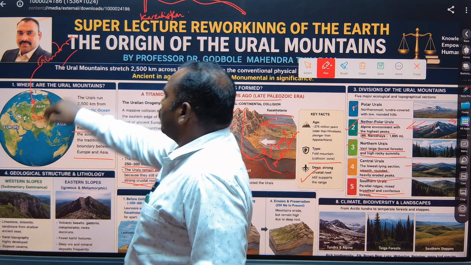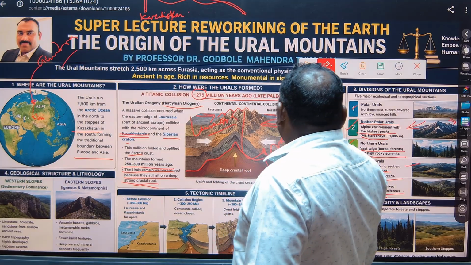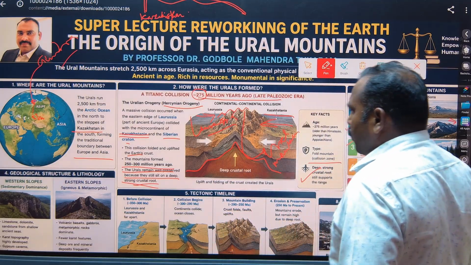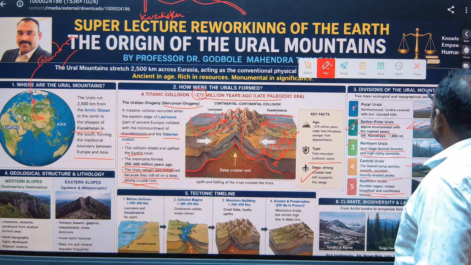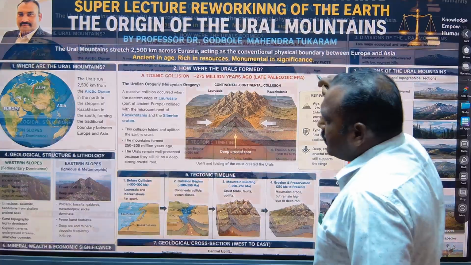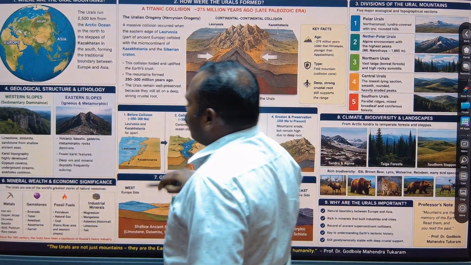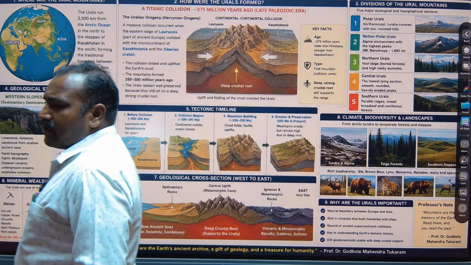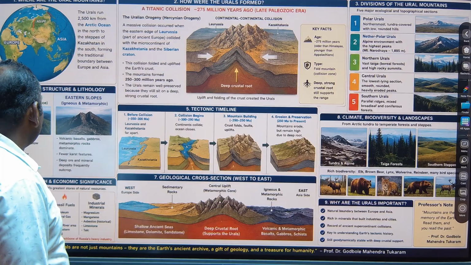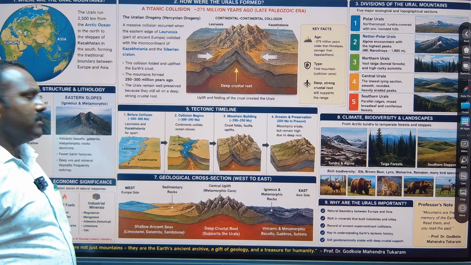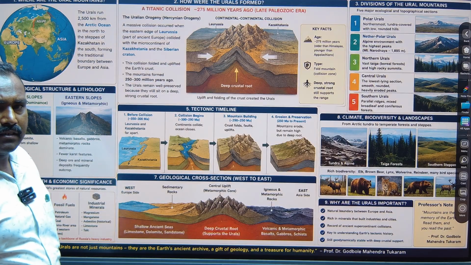While talking about the geological structure and lithology, we find the western slope and the eastern slope. The western slope is known for limestone and sandstones from shallow ancient seas.